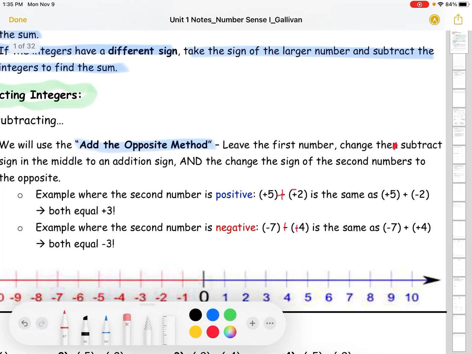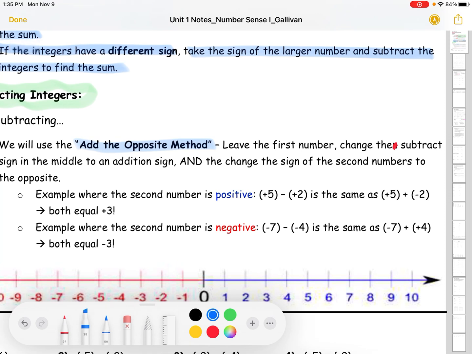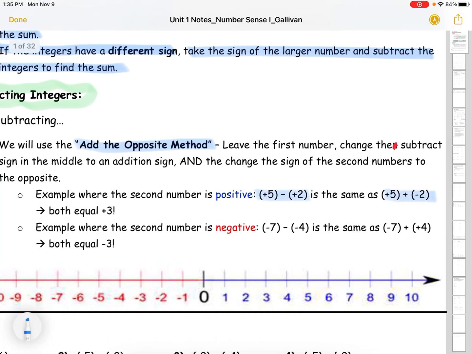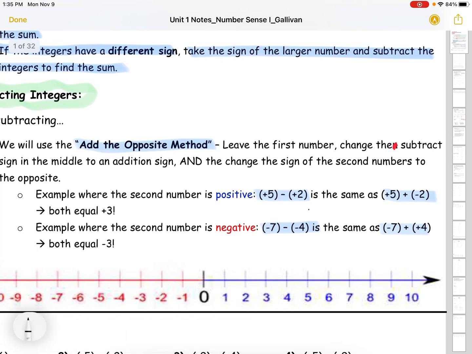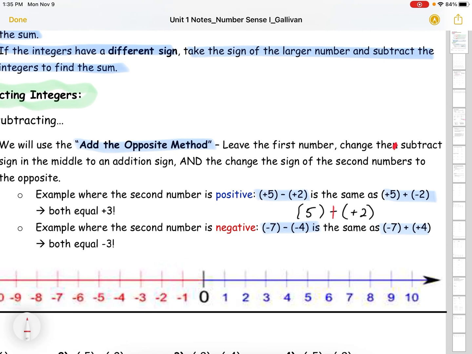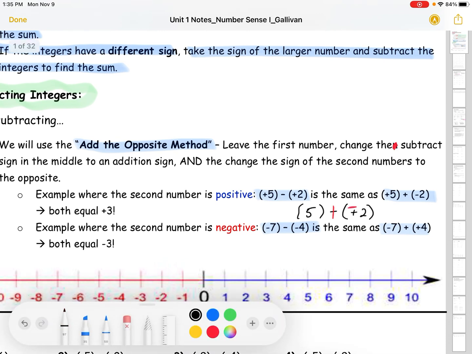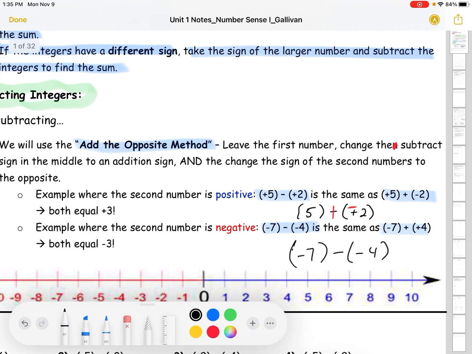So as we can see, this is the same as that, and this is the same as that. You're taking this, changing it to a positive, and changing that to a negative. Same thing here: negative 7 minus a negative 4.